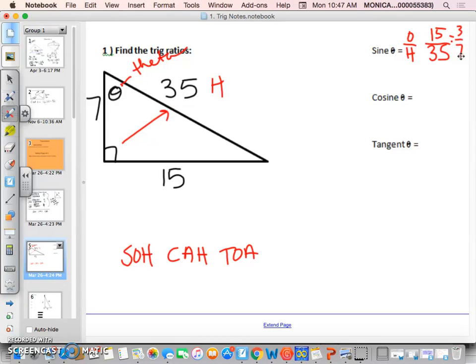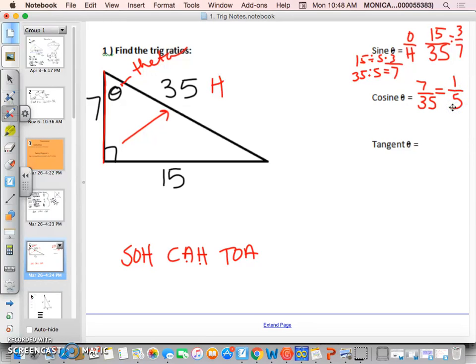Then I simplify it, and I get 3 over 7, because 15 divided by 5 is 3, and 35 divided by 5 is 7. Okay, cosine: I'm going to be looking at the adjacent and the hypotenuse. If I look at theta, the side that's adjacent is right here, number 7. So it's going to be 7 over 35. That can be simplified as well by dividing the top and the bottom by 7, and you end up with 1 over 5.